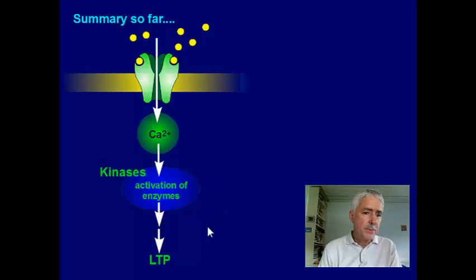Some of these processes are very fast because you've already seen that this LTP occurs within seconds of being hit with that tetanus. Other changes occurring in these neurons involve the expression of genes, new proteins being produced. So this all goes to contribute to LTP.